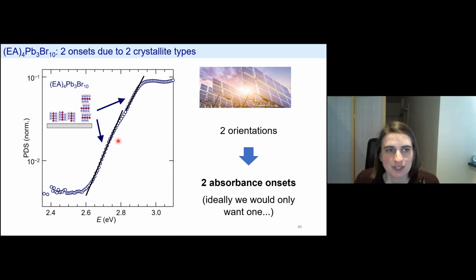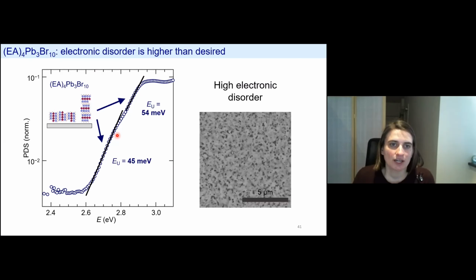So this is not ideal. We look at the Urbach energy, the measure of the electronic disorder, and it is definitely higher than we would want, 54 meV or 45. And this is not so surprising when we look at the SEM. We see all these pinholes, small domains, lots of interfaces where there could be unwanted carrier recombination or strain-induced sources of disorder.